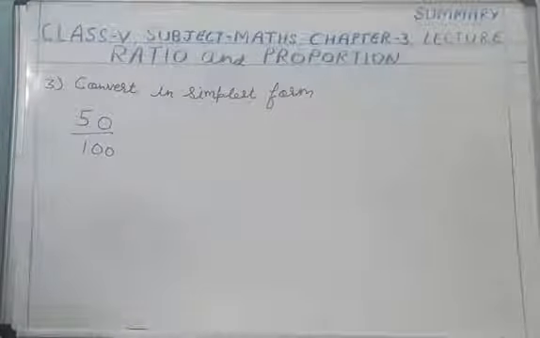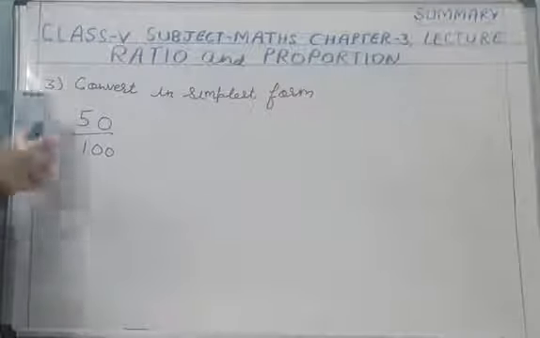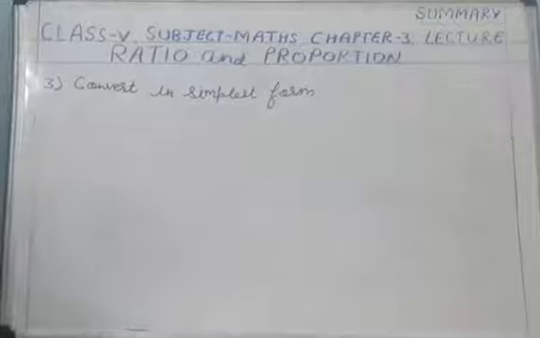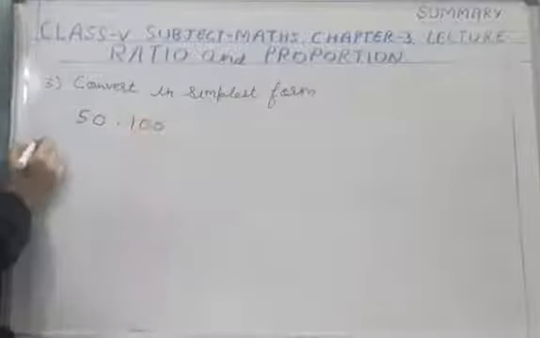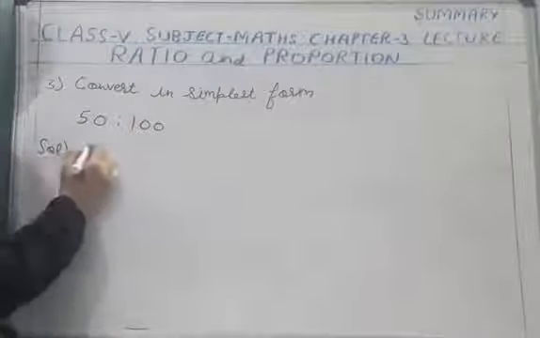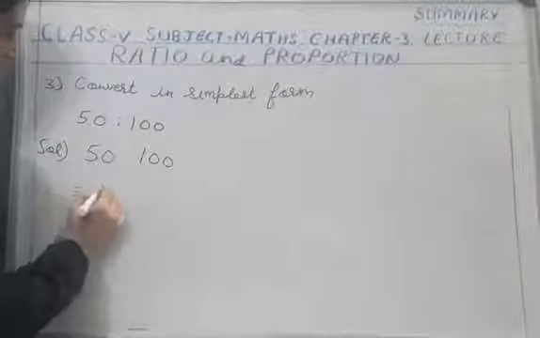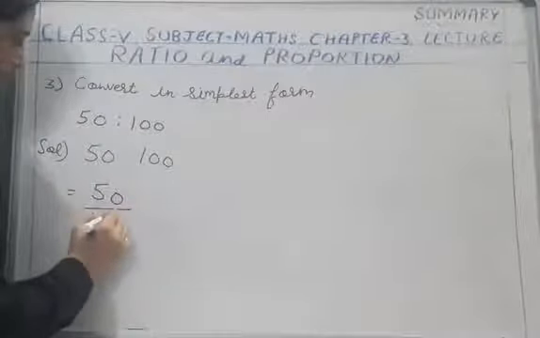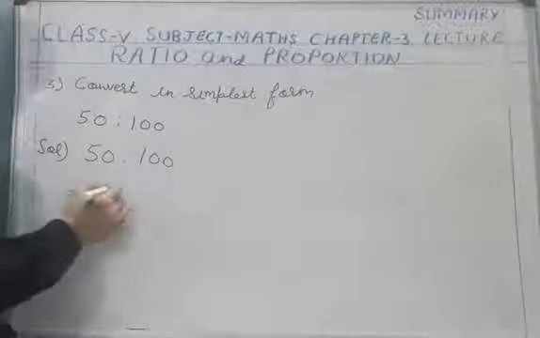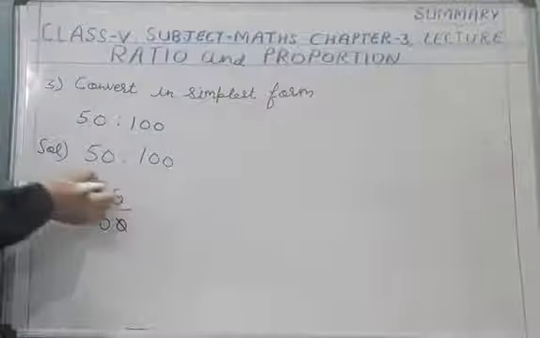The question will be given to you in the form of ratio, and in fraction form you have to write yourself. So in the solution you will write 50/100. Now do cancellation of the 0 from numerator and denominator.